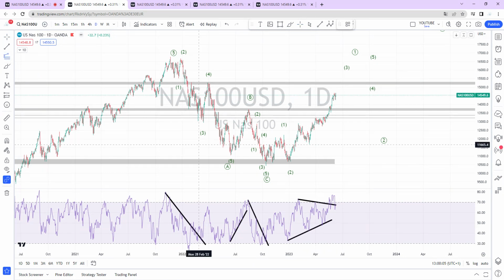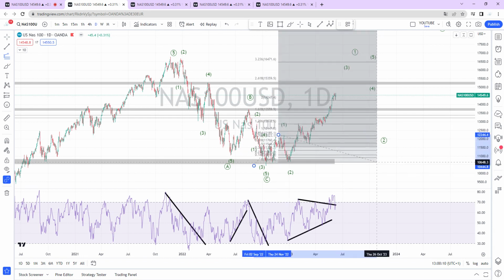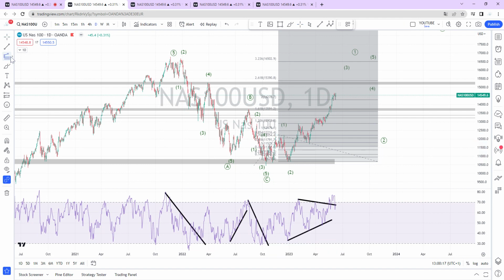So a wave 3 is supposed to reach the 1.618 level of your wave 1 and your wave 2. And so as you can see, we already reached this level. This was somewhere here. We reached this level, and so we have an extended wave 3.